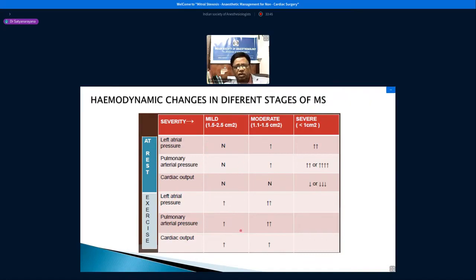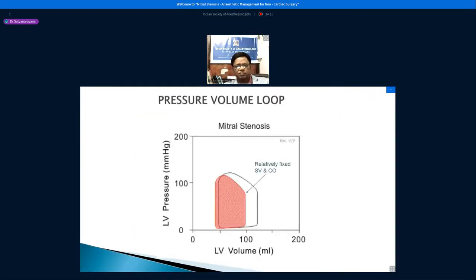But when it comes to moderate cases, there is a predominant increase in the left atrial pressure and pulmonary pressure, and still cardiac output is maintained because of compensatory mechanisms. You cannot comment on exercise with severe mitral stenosis because the patient cannot tolerate exercise with severe stenosis. The patient may collapse or decompensate, and acute pulmonary edema and right ventricular failure take place.